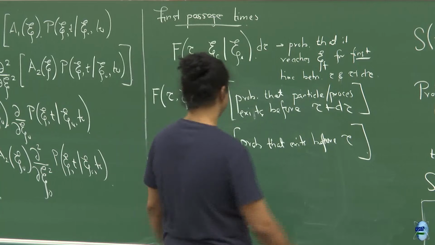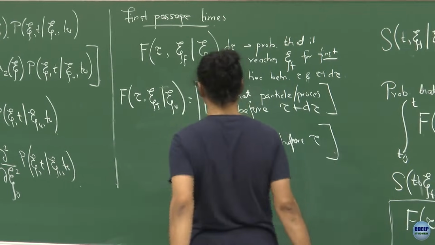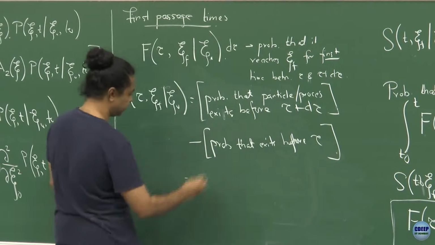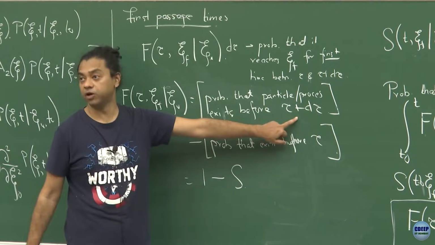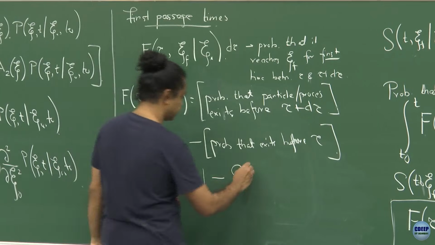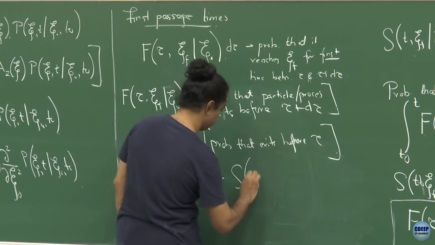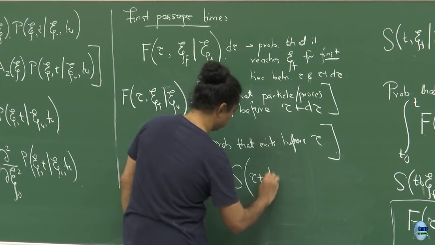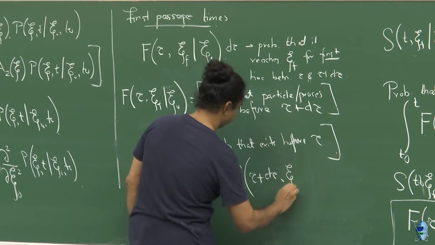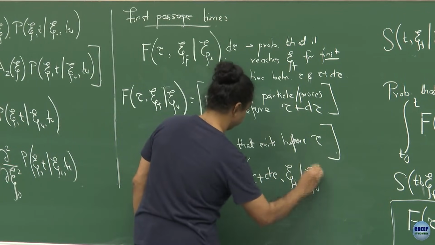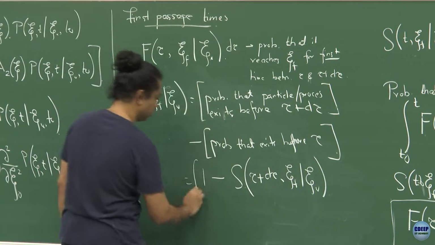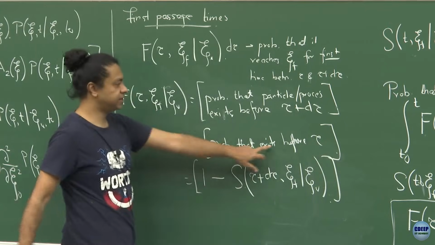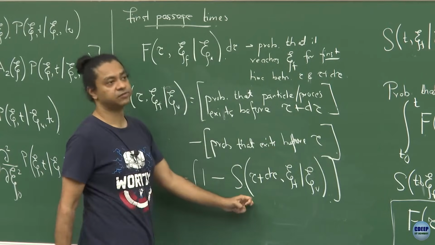But the probability that it exits before tau plus d tau in terms of the survival is just 1 minus the survival, right? Survival up to time tau plus d tau, starting from some xi_f. Right. So that is the first probability, and the probability that it exits before tau is 1 minus s of tau, right?